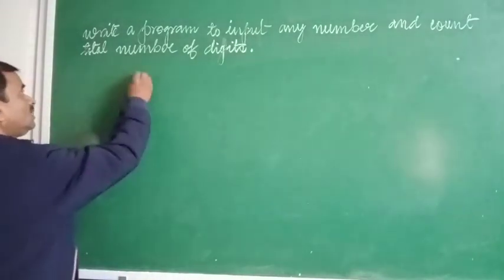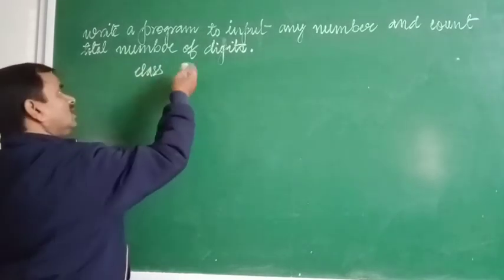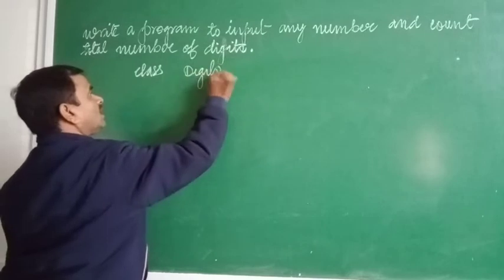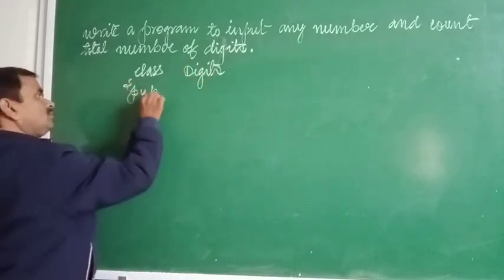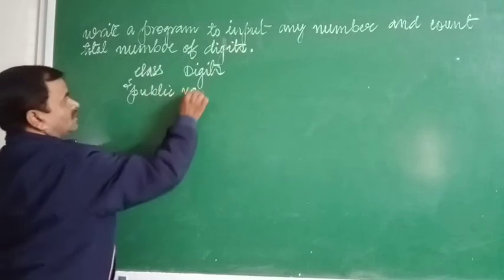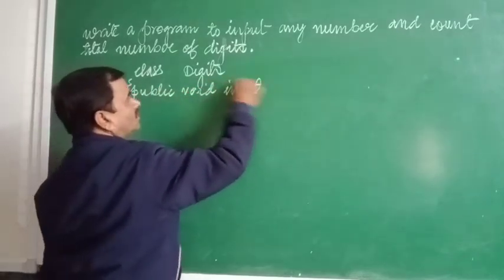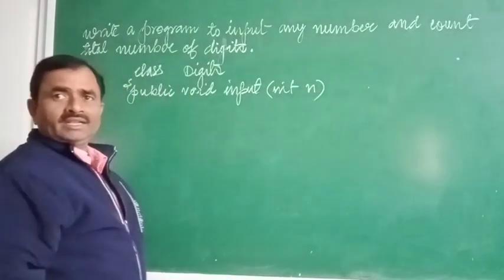So here this is class digits, public void input. Here integer n.